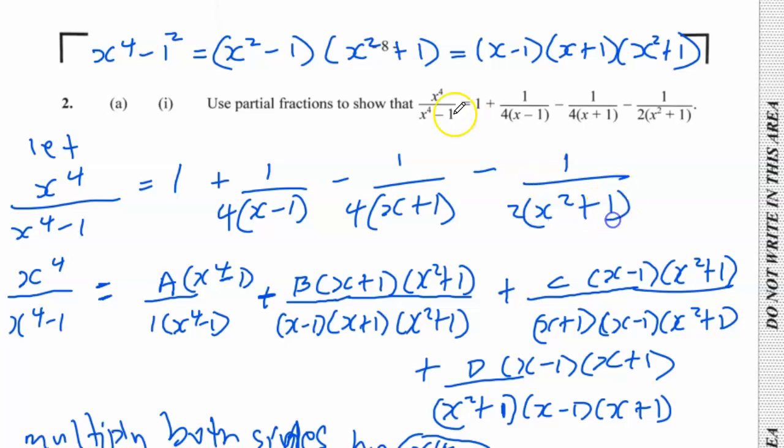So we've just concluded the proof. So this is quite easily done. Alright, so a is 1, b a quarter, c negative a quarter, d negative a half.